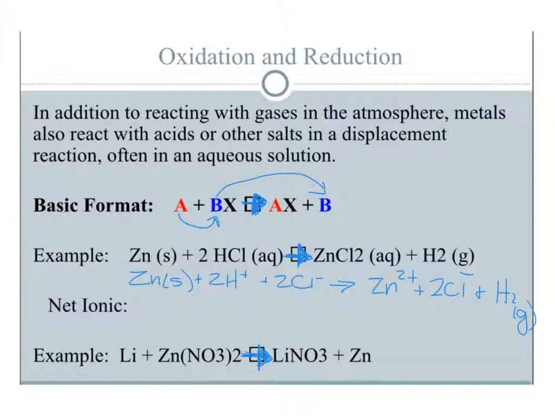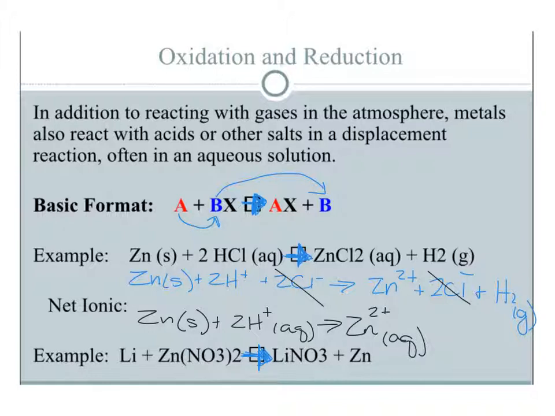All right, so where are my spectators? My spectators are Cl, Cl. And that is it. So my net ionic is Zn solid plus 2H plus aqueous, yielding Zn2 plus aqueous and H2 gas.